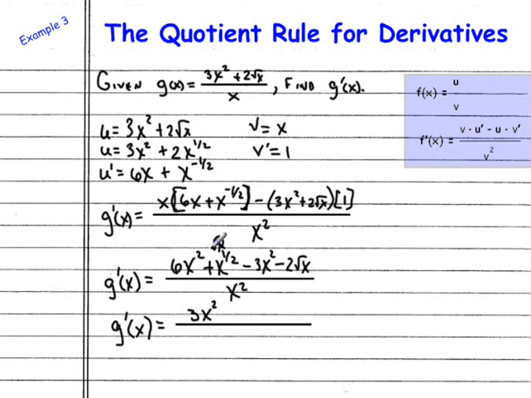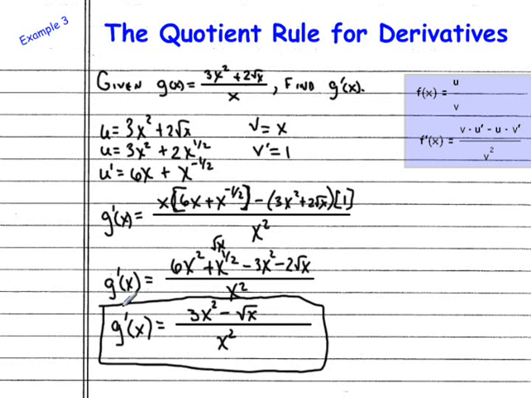And we're going to have a positive 1 square root of x and a minus 2 square root of x, which is minus 1 square root of x, or just minus square root of x. And all of that is divided by x squared, and that would be the result that we would have. That looks like certainly a derivative that we've calculated.